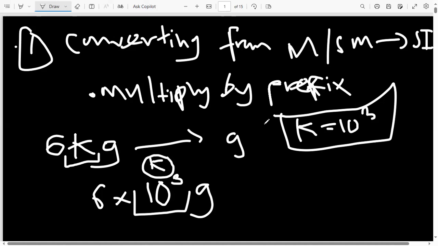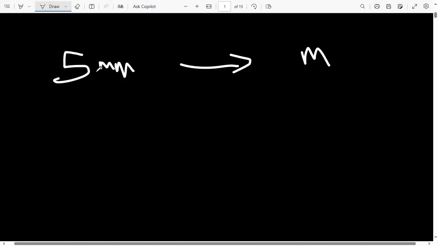Okay, let me give another example based on this same concept. If you are converting 5 millimeters to meters, you can see that millimeters is a sub-multiple because milli is below the meter.